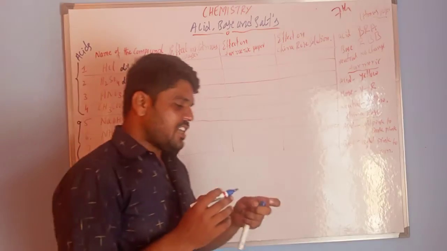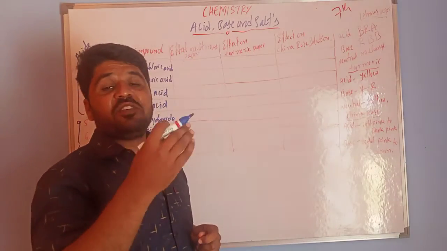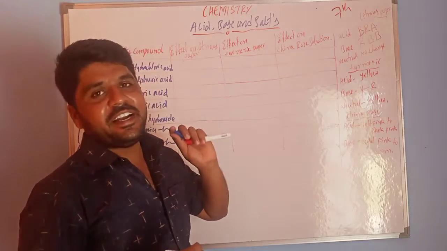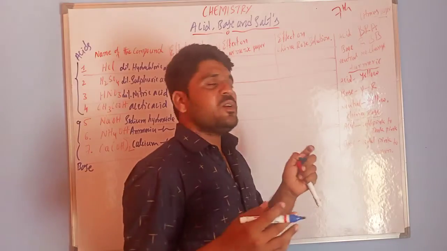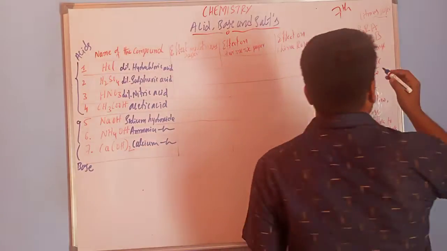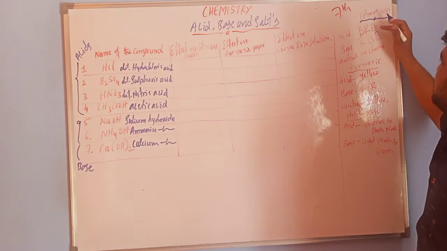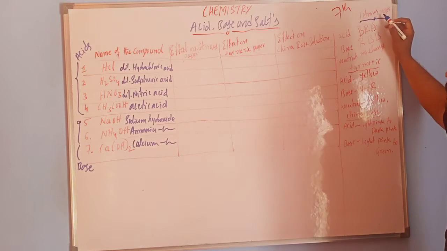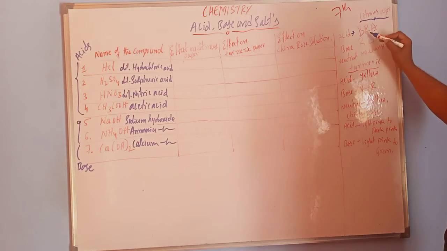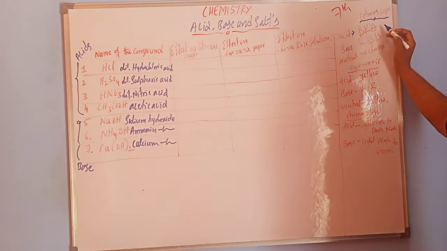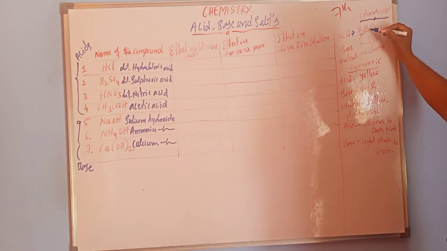In the last videos, I already gave the information about the effect of indicators. So I am going to recall all these techniques. First I am going to recall litmus paper. For acid, BRA, that means blue changes into red.